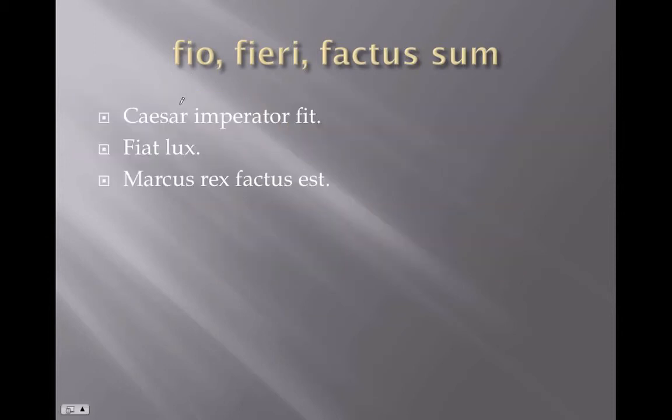So we can have examples: Caesar imperator fit. Now the reason this is complicated or confusing sometimes is that to be made is really a copula. It's a copulative verb. Caesar is made general, imperator. So it's going to link two nominatives.